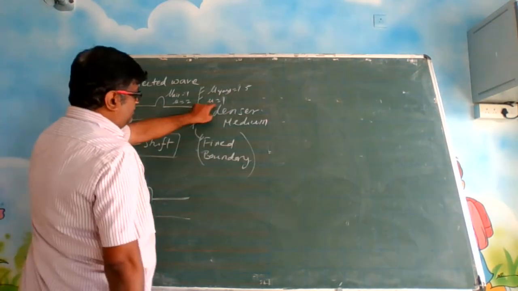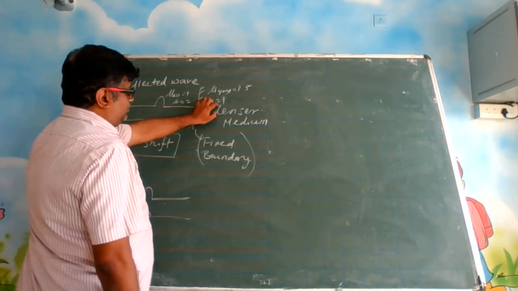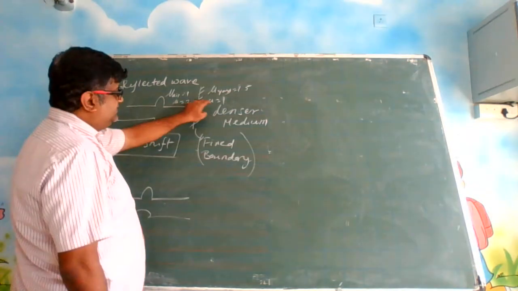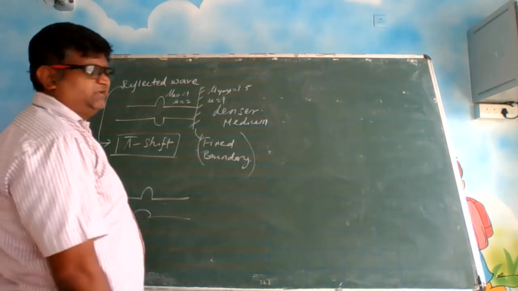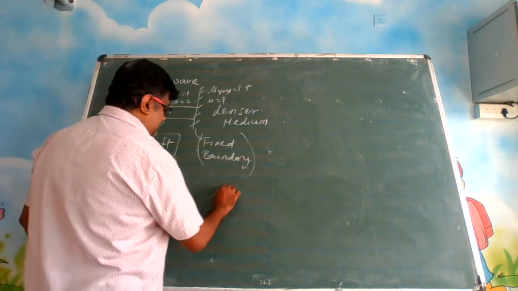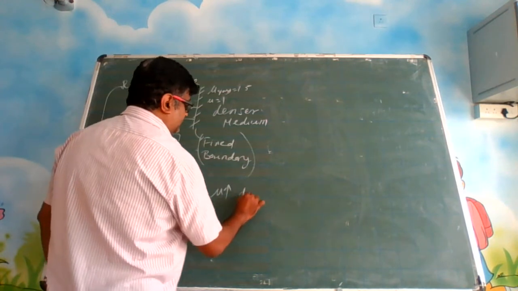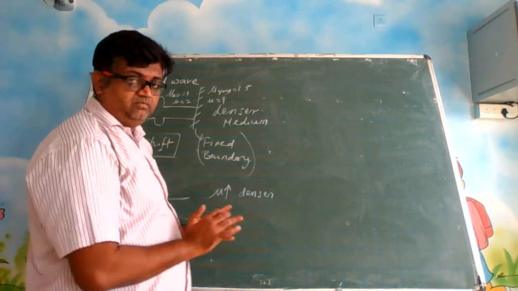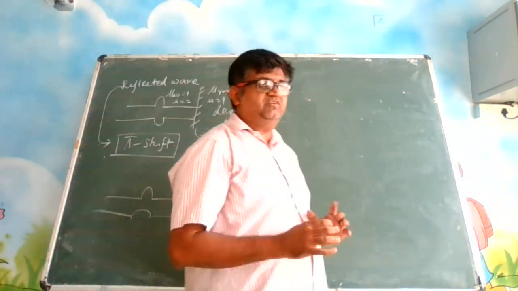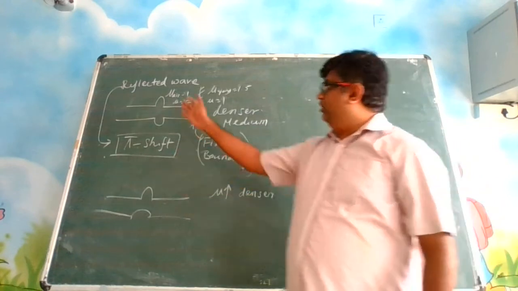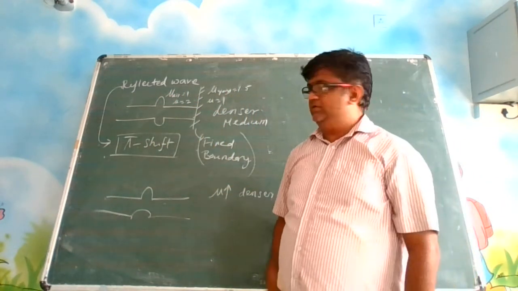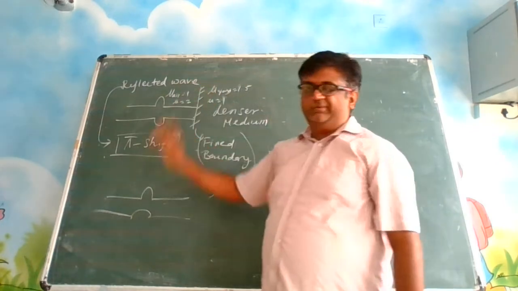Okay? Now, when you put mu equal to 1, with respect to the medium on the left side, this is a rarer medium. If the mu value is increasing, it is becoming denser, and it is relative. Denser doesn't always mean that here only air is there, here only glass is there. No, it's not like that. You have to compare the mu values.